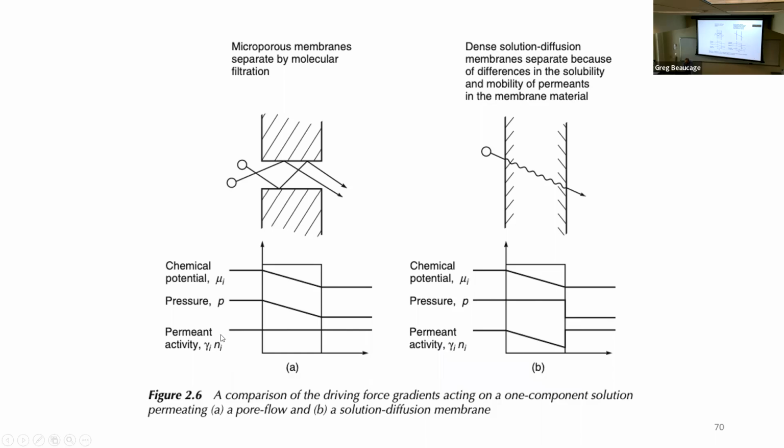For Darcy's law, the concentration is constant across. Activity times concentration is like the activity, but basically that's the concentration. You get a pressure change with the microporous, and the chemical potential drops. So it depends on if it's pressure or concentration driven. That's the point, which is basically the same as those two equations, right?